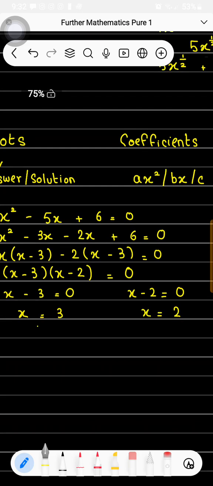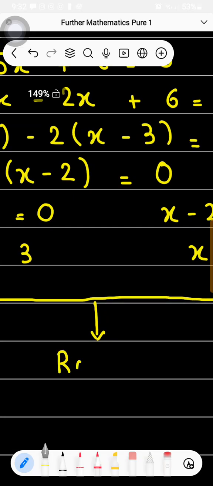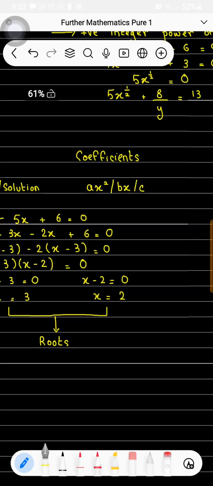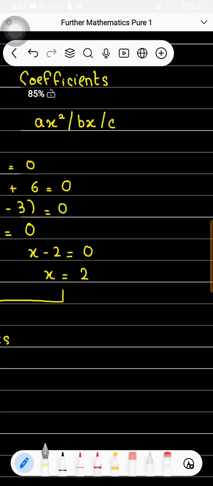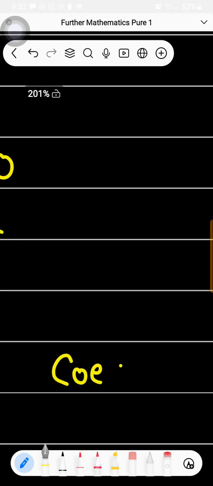Okay, so these both are the roots. And let's talk about the coefficients in this equation.